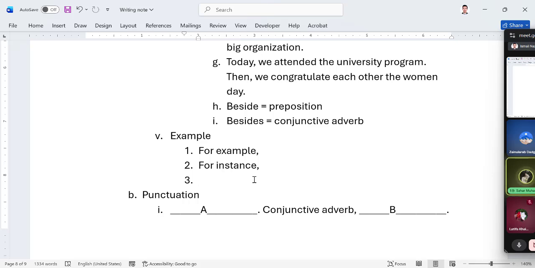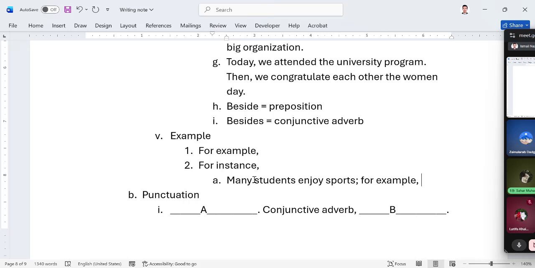Okay. Many students enjoy sports, for example, football and basketball. When we use for example, we try to use it with a complete sentence. I don't mean that's incorrect.